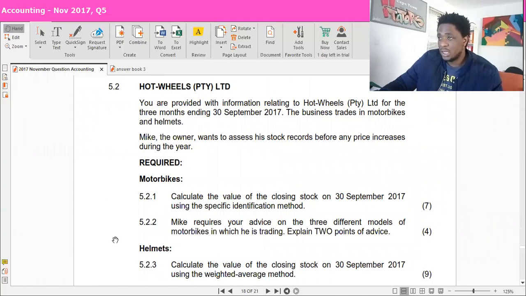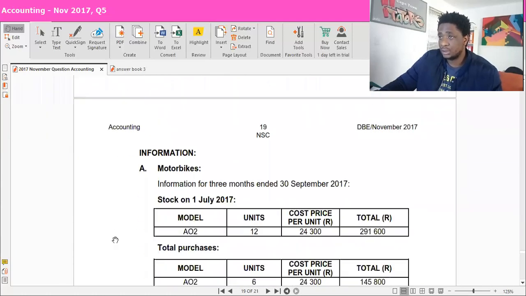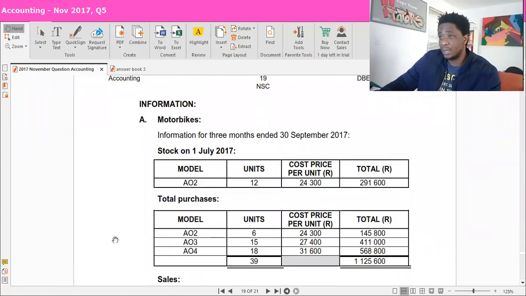So they say calculate the value of the closing stock of motorbikes, obviously, using their specific identification method. So let us try and calculate that amount. So let's go into the information. So information A, you can see the information there, that's the information on motorbikes.